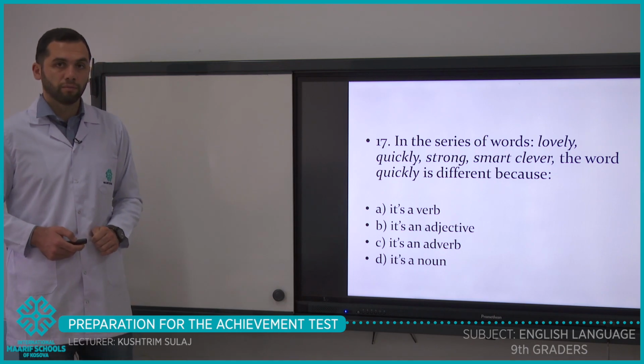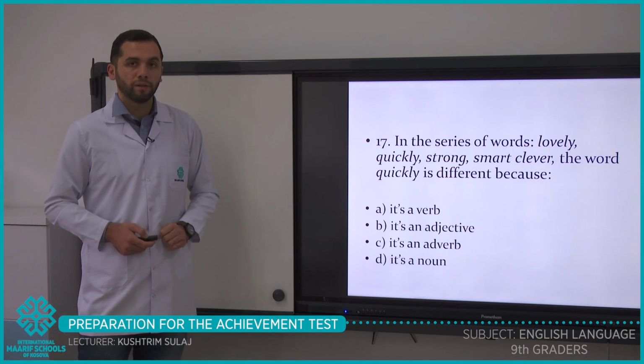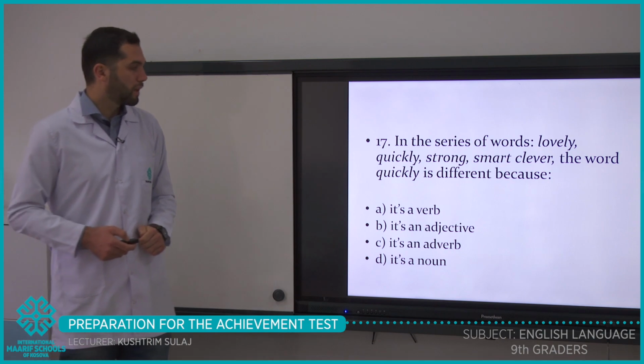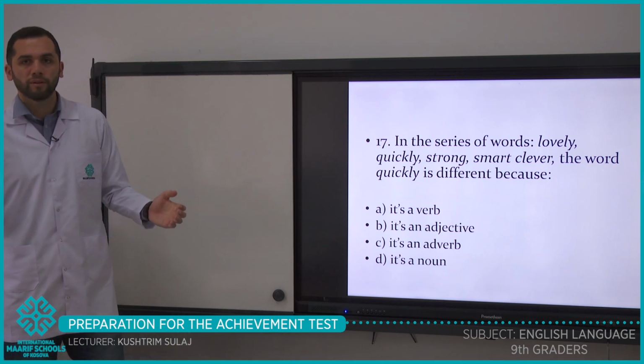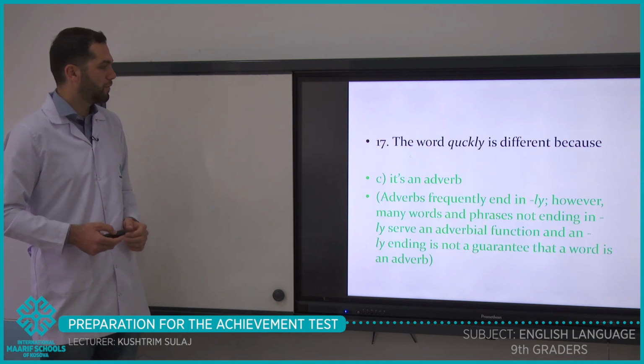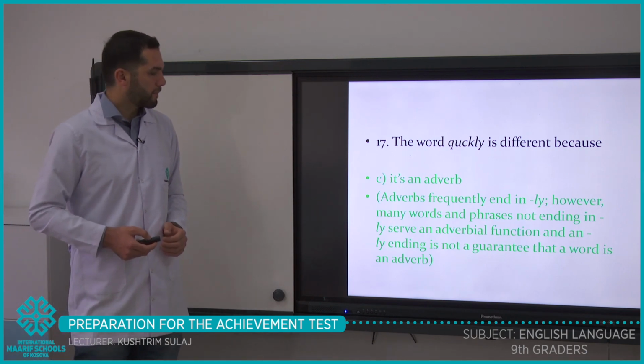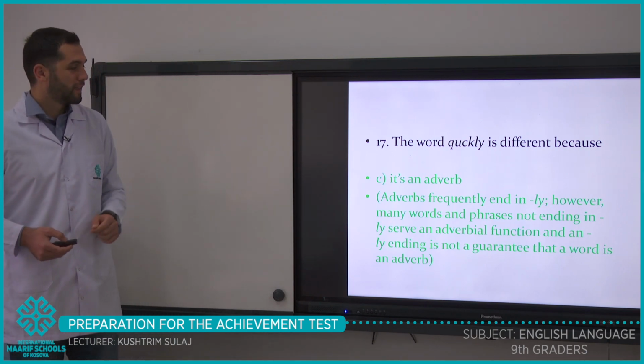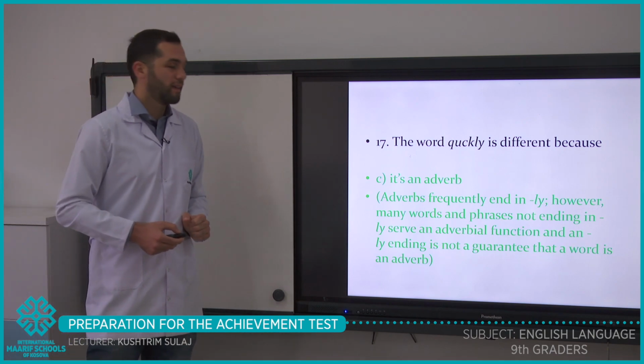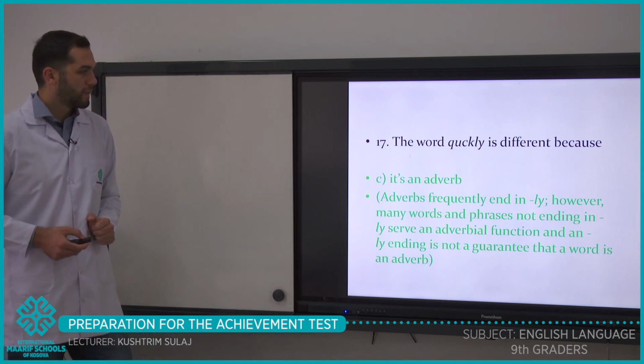It's not a verb. Maybe it's an adjective. Adjectives usually describe the features of nouns, as we said before. Now, actually it's an adverb because it has an L and Y at the end.